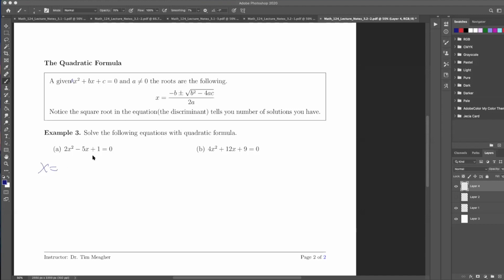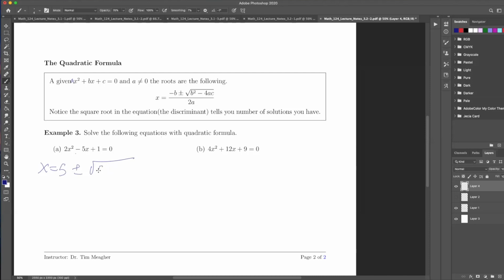All right, so here we're just going to type this into the formula. This one you just literally crunch through. Here my b is -5, so -5 times -5 is +25. Wait, I mean this is +5 in front. We have 5 plus or minus the square root of 5 squared, which is 25.